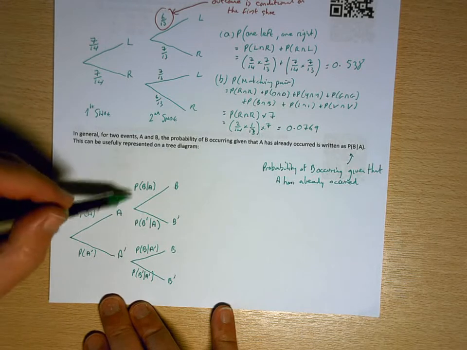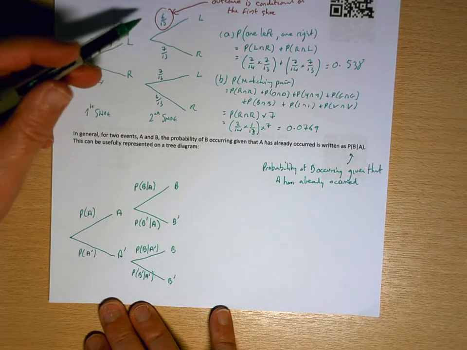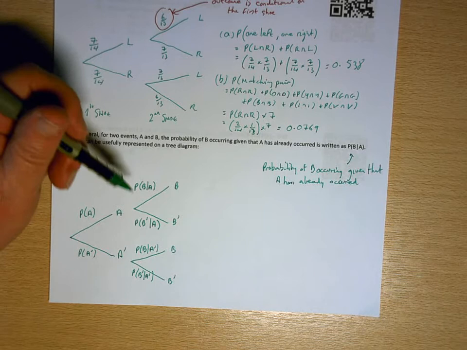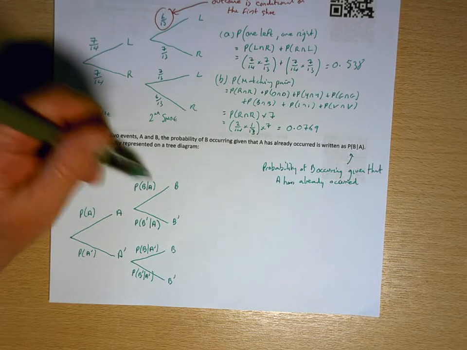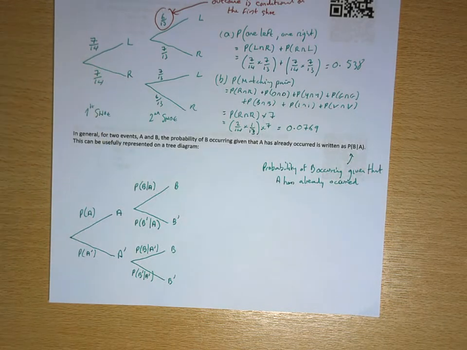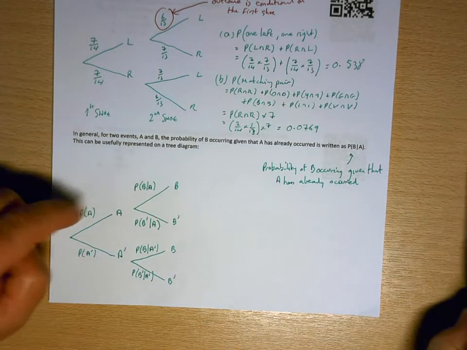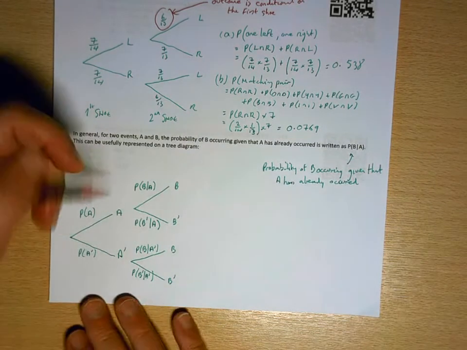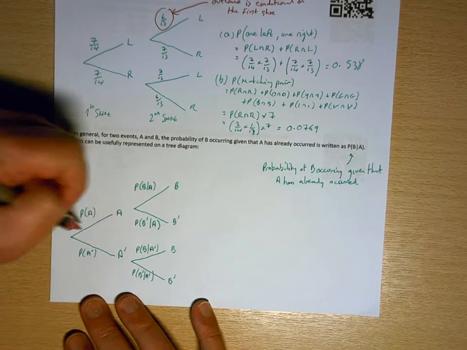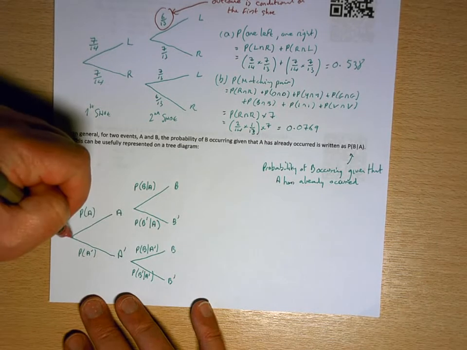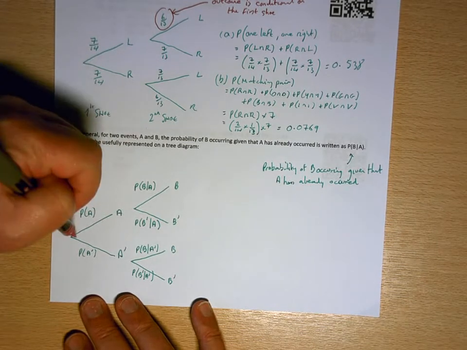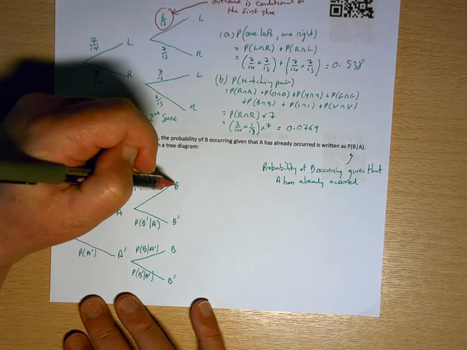So we're familiar with writing that straight down, but now I've introduced a notation for that. It's an important notation to get familiar with. Now, using our rules of moving along a probability tree diagram, we also know that if we get to this point, we've moved along probability of A and that one.